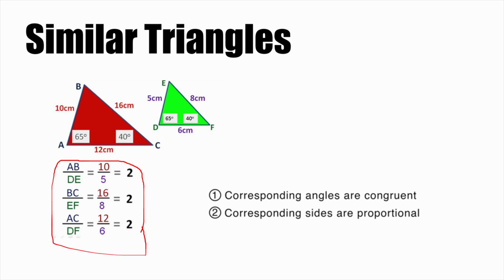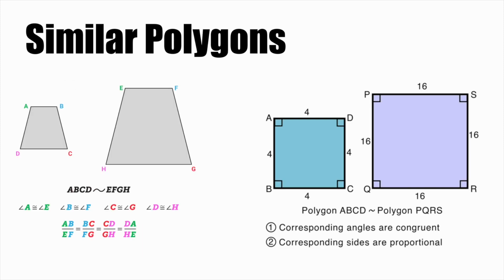And for two triangles to be similar, we already understood corresponding angles are congruent, and corresponding sides are proportional. And this proportionality, this ratio, is called the ratio of similitude. In similar polygons also the same properties will apply. The corresponding angles shall be congruent. So you can see these angles are congruent and the ratio of corresponding sides is equal.